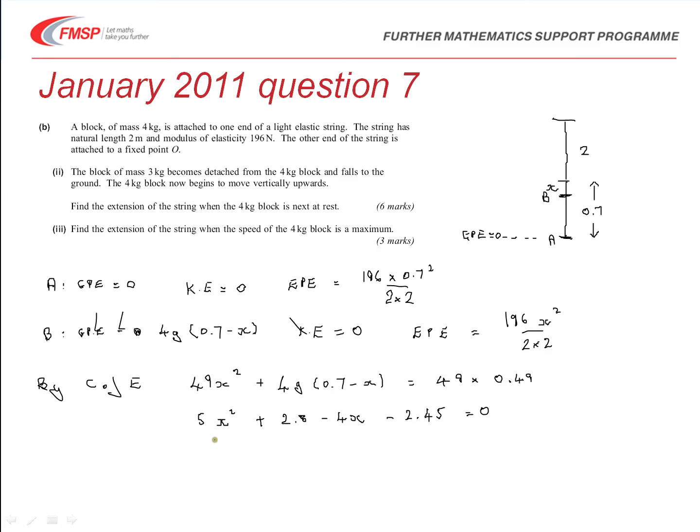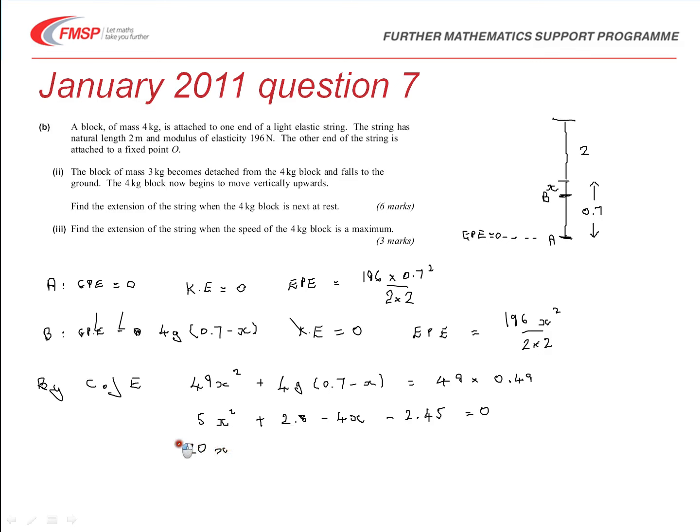Okay, so what do we now have? Well, we got the 2.8 minus the 2.45 gives us 0.35. So if we multiply that by 20, that will give us 20x squared.